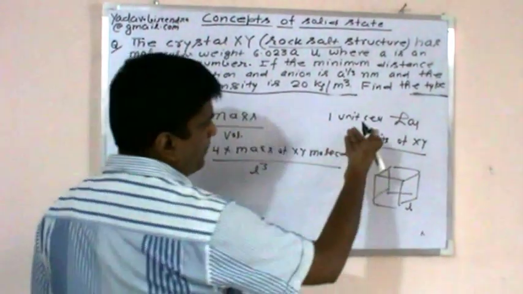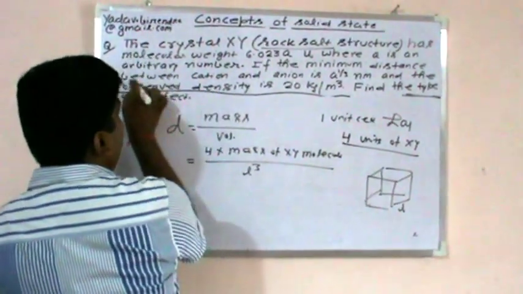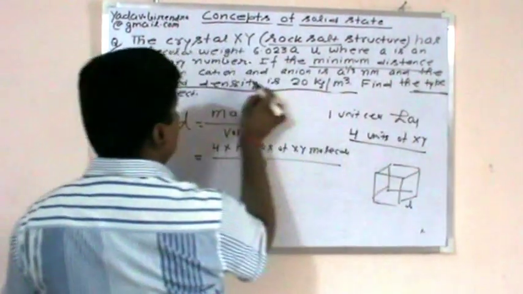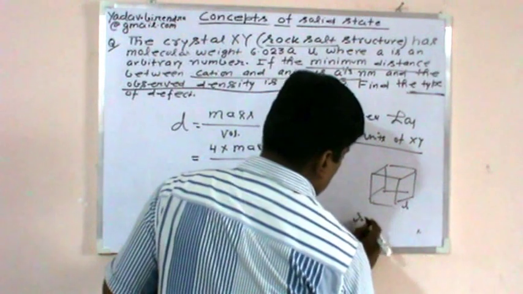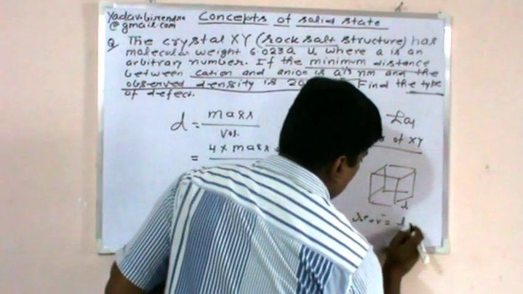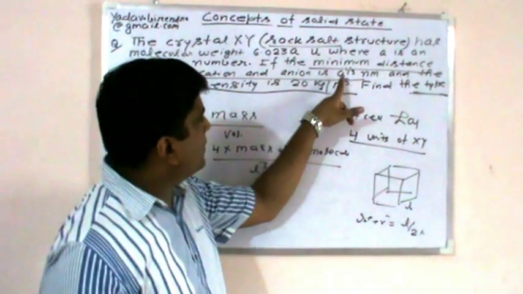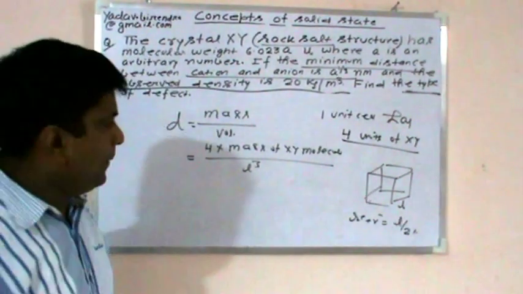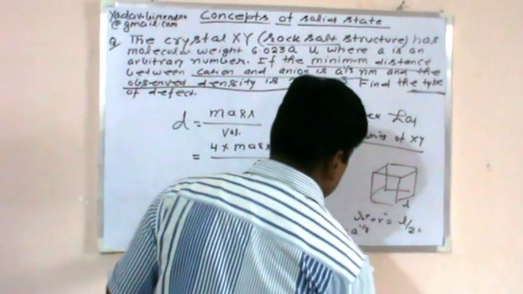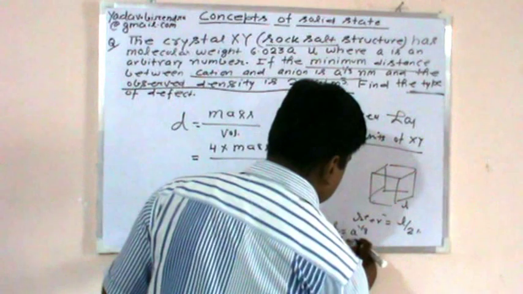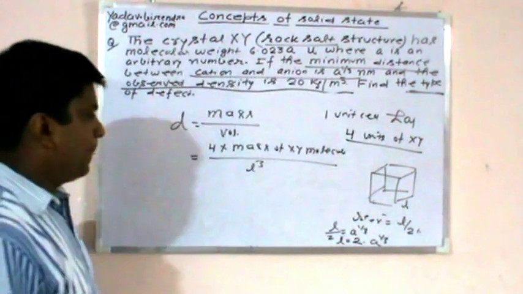As we know, in NaCl type structure, the minimum distance between cation and anion is L by 2, and here it is given as A to the power 1 by 3. So I can say L by 2 is equal to A to the power 1 by 3, which means L is equal to 2 into A to the power 1 by 3.